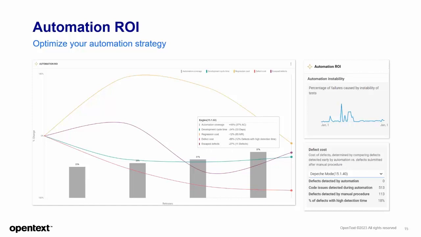So it will also track things like the defect cost. So, for example, are we looking at defects that have been detected early because we're using automation versus defects that have been submitted after doing a manual run? Do we have defects that were not even detected by our testing, and so on?